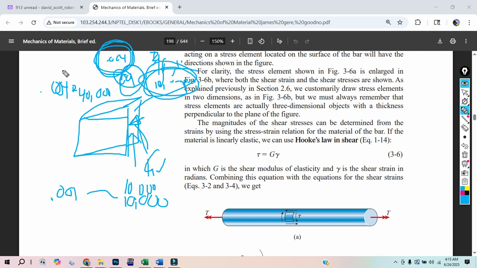Well, these two numbers are synonymous. You know what I mean? 0.001 is basically, kind of quote unquote, equal to 10,000 psi. 0.004 radians is equal to 40,000 psi. So that's where you need a conversion factor.